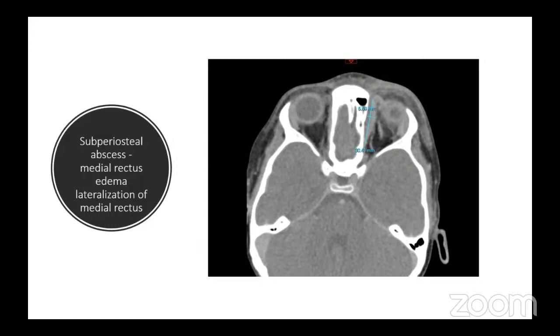This is a CT scan of the head, axial image, and the striking feature is medial rectus lateralization and also medial rectus edema and a collection measuring around 3 centimeters by 5.5 millimeters.